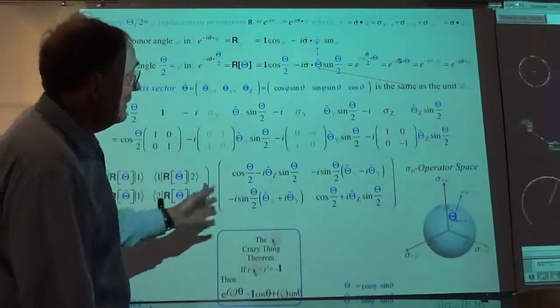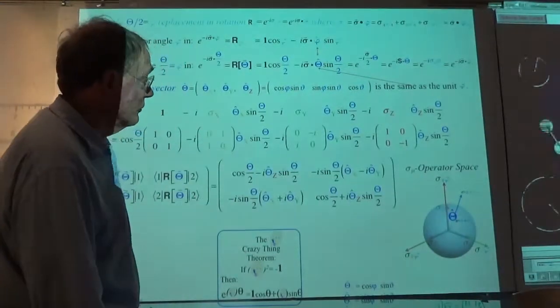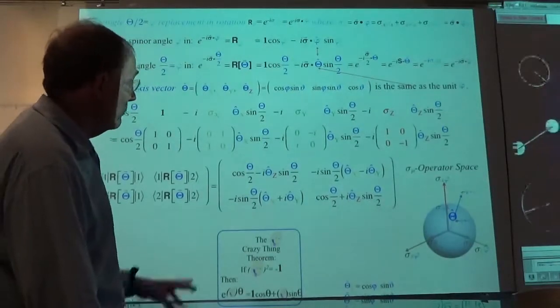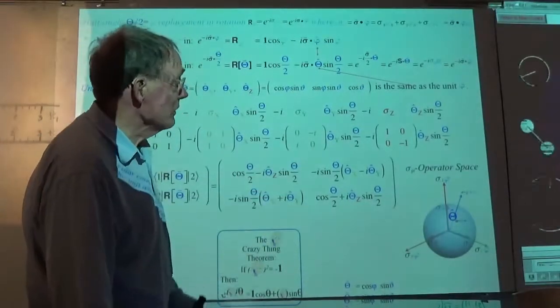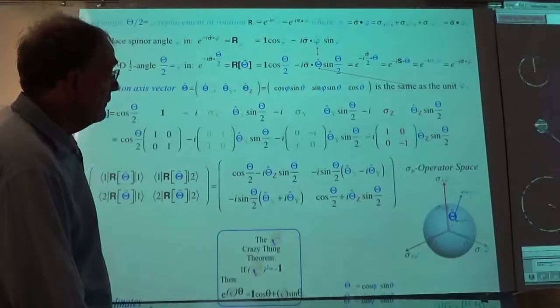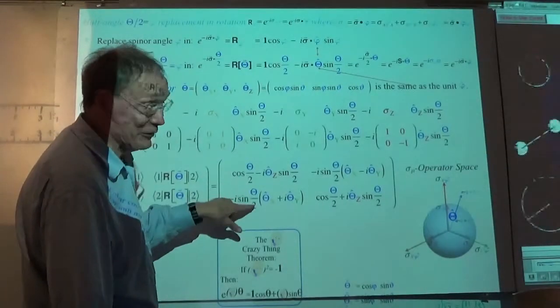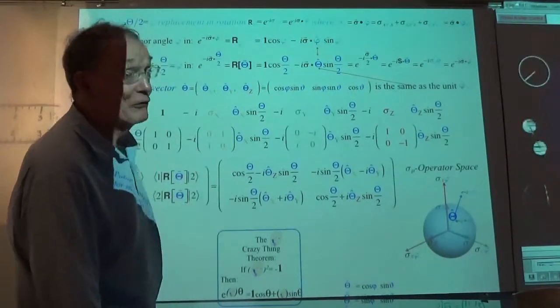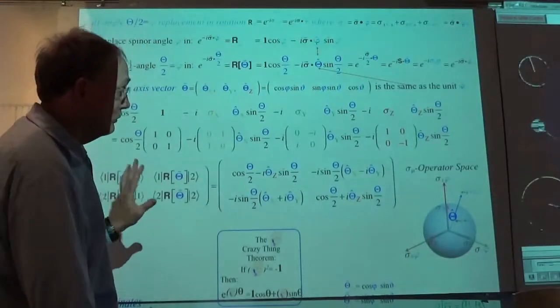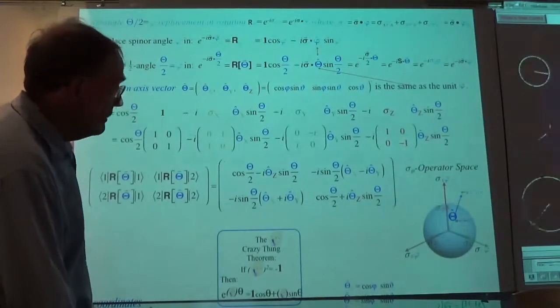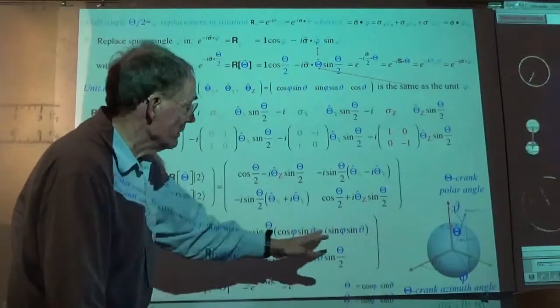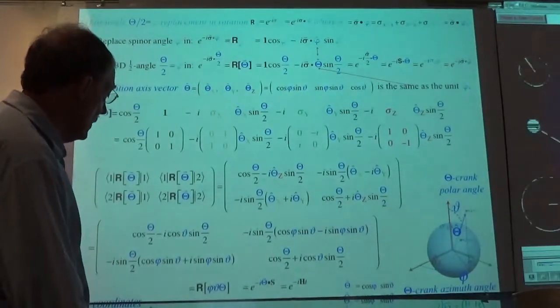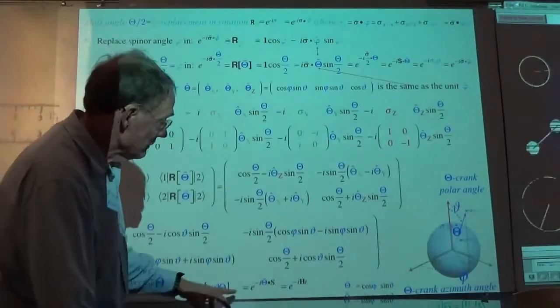So this is that same matrix that I showed you before, but with the substitution of the uppercase in there. And of course you see it's always divided by 2, because it's twice as fast as the spinor space really wants to go. So this is the general matrix that we'll be using off and on to calculate with.